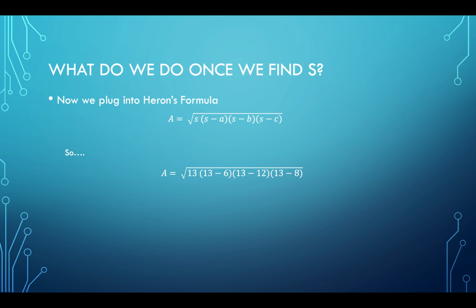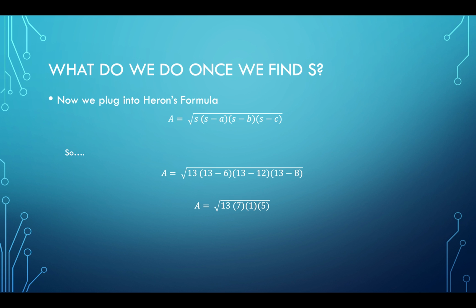Now we look at it and we're kind of like, what do we do first? First thing I do is I bring down the square root and I bring down that first semi-perimeter, because that's just on the outside. We don't do nothing with it just yet. I would subtract 13 minus 6 and we get 7, 13 minus 12 and we get 1, 13 minus 8 and we get 5.